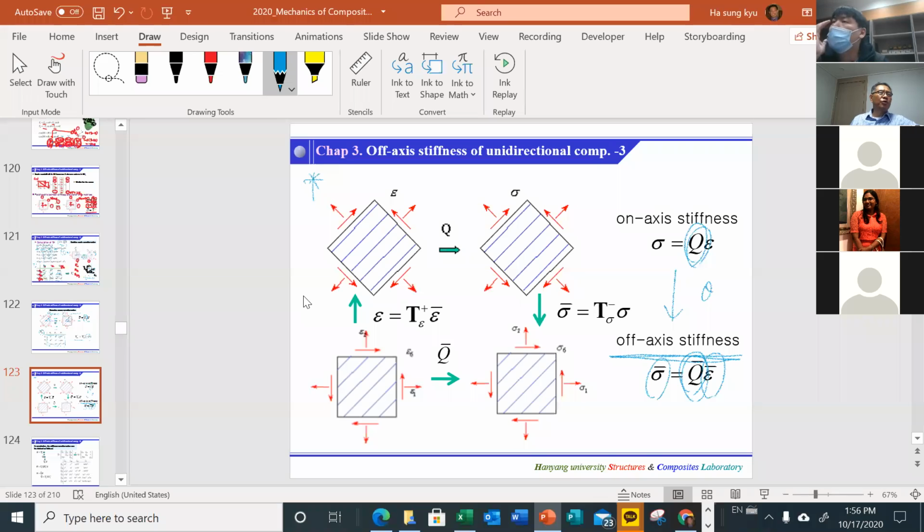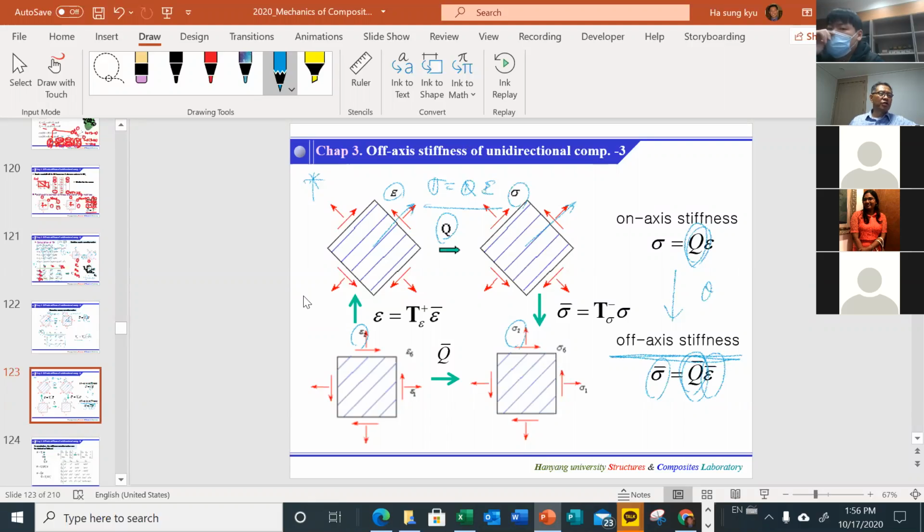The definition of the Q on axis is that sigma equals Q epsilon. So this one is the on axis sigma, and on axis epsilon, and the Q matrix is the relation between on axis stress and strain. And now what we would like to derive is the strain in off axis and stress in off axis.